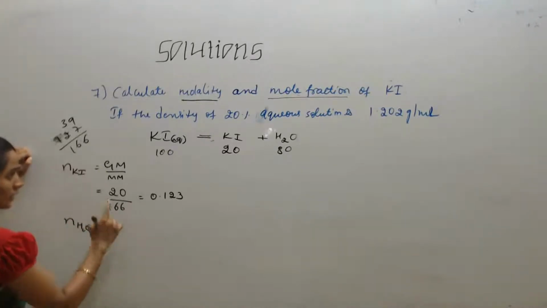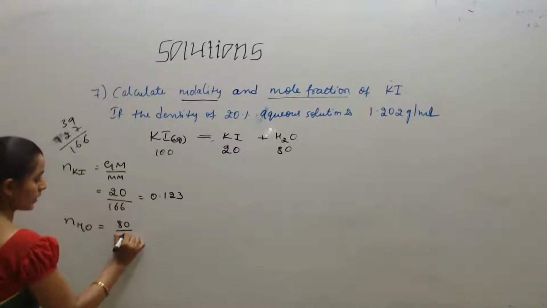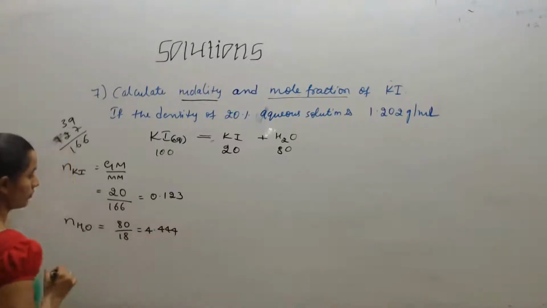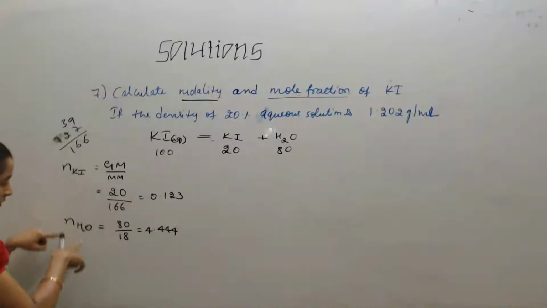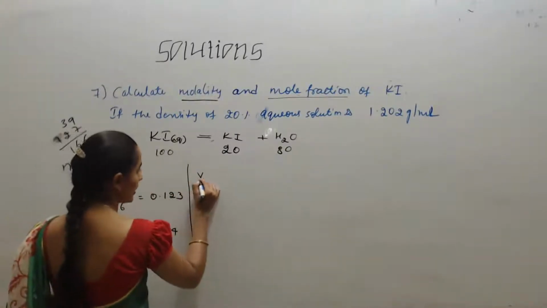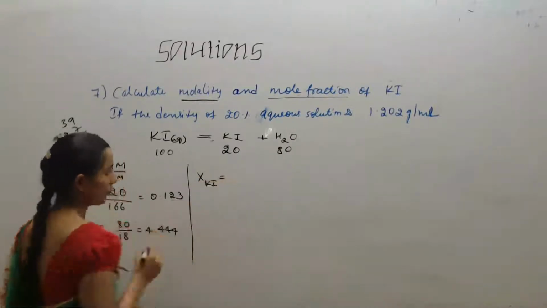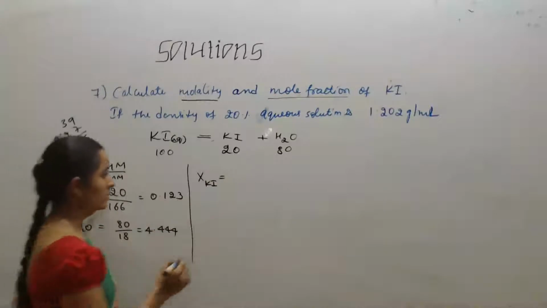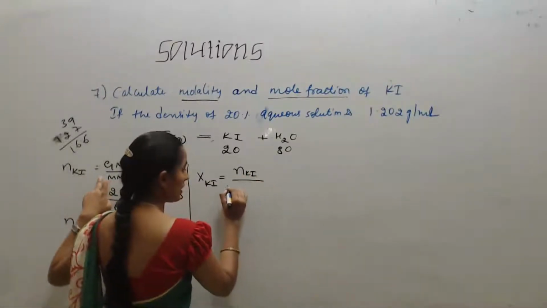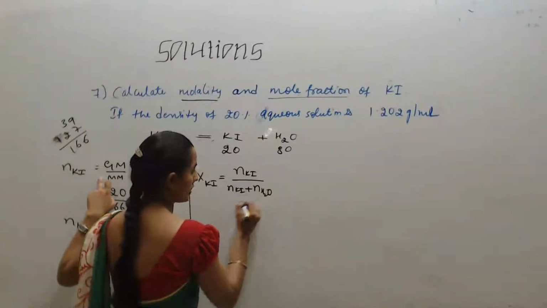Okay, next n of H2O. Given mass is how much? 80. Molar mass is 18. We will get 4.444. Once we have n of KI and n of H2O, we can easily calculate X of KI and X of H2O. X of KI means number of moles of KI divided by number of moles of KI plus number of moles of H2O.